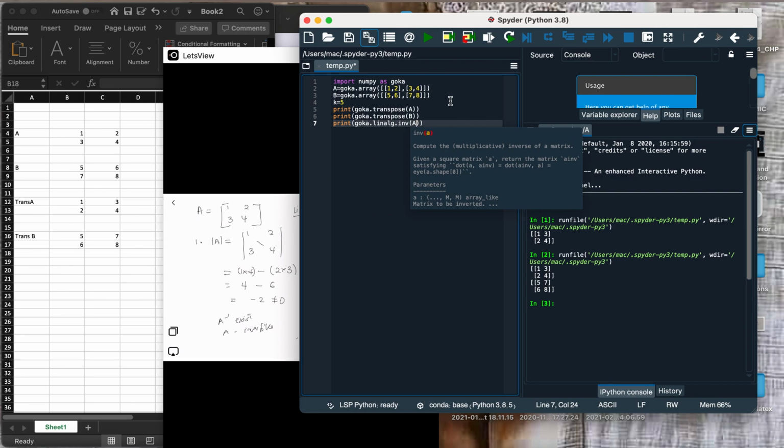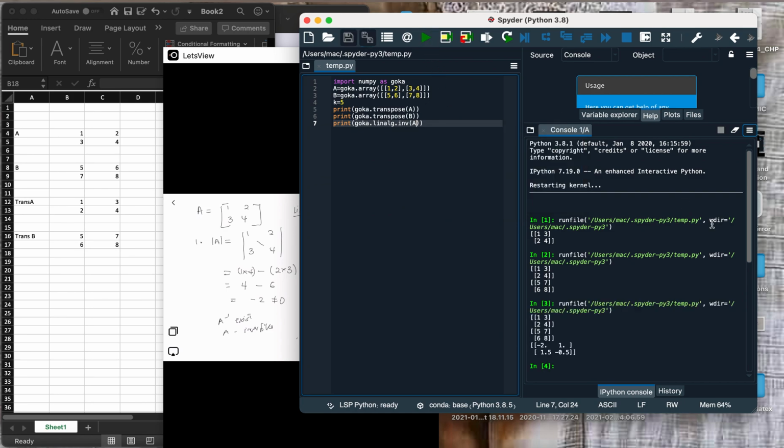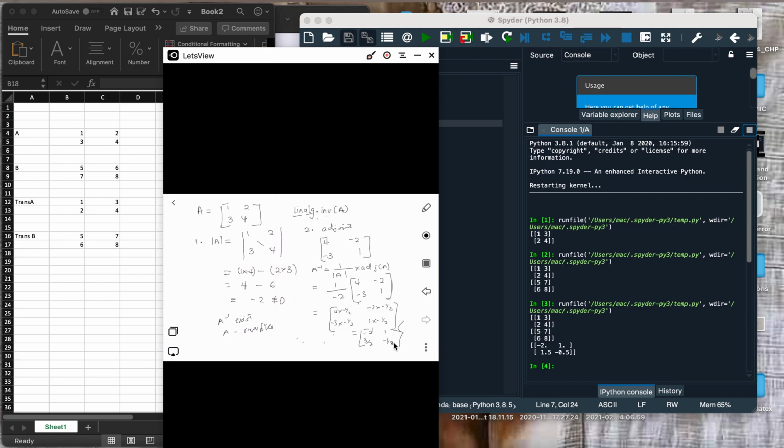All right, and so if we run this, we get minus 2, 1, 1.5, which is the same as 3 over 2, and minus 0.5, which is the same as minus 1 over 2. And that is the same thing that we got when we did the pencil and paper approach.